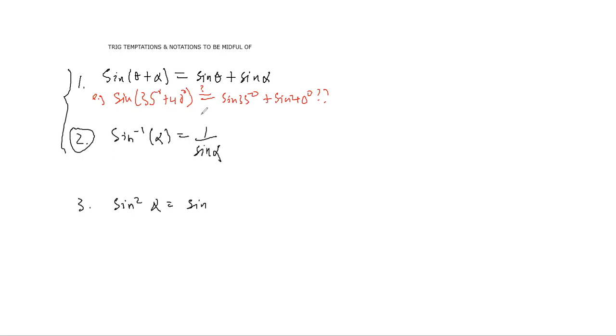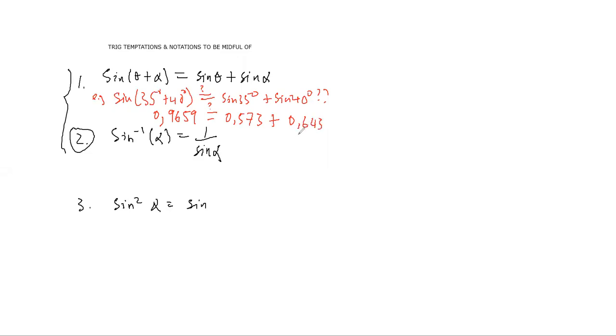Well, I've got my calculator with me here, and I'm going to do just that. If you are pressing the correct buttons, you will realize that the left side is 0.9659. But what is the right-hand side? Well, sine 35 is 0.573, and sine 40 is 0.643.